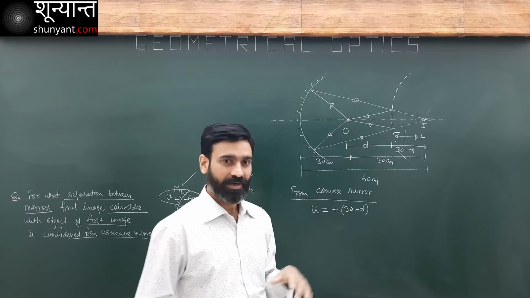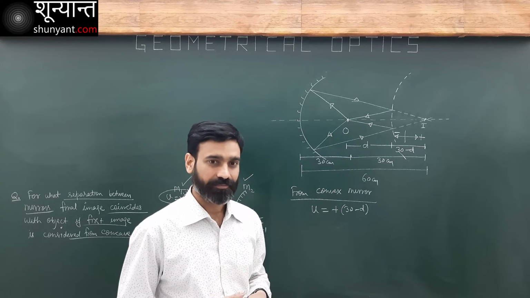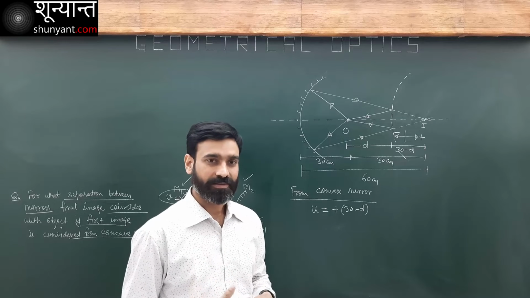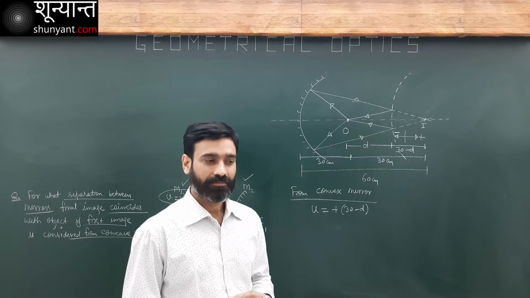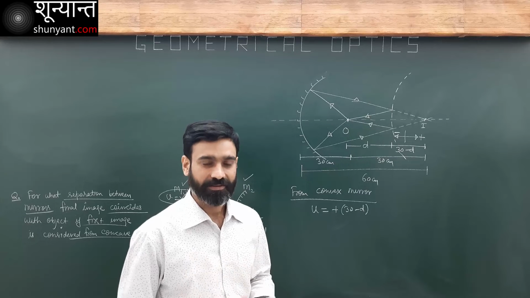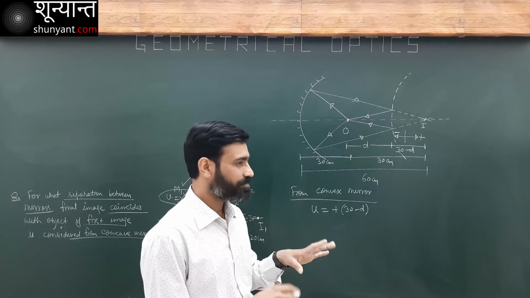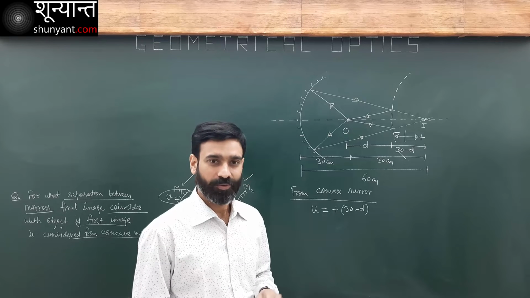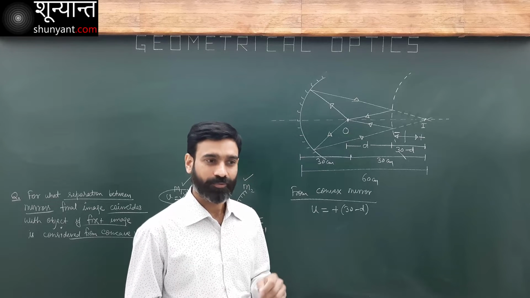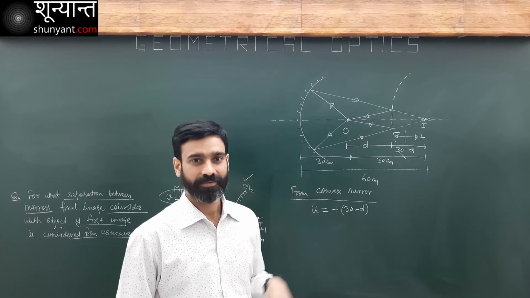This sign convention sometimes causes confusion. In earlier classes, in junior classes, to simplify things, almost everywhere it is written that you take object distance as negative.